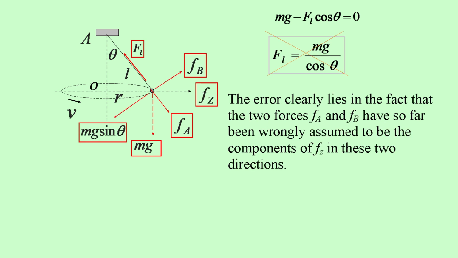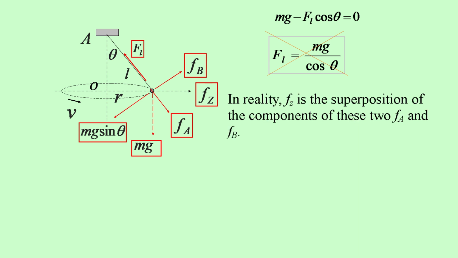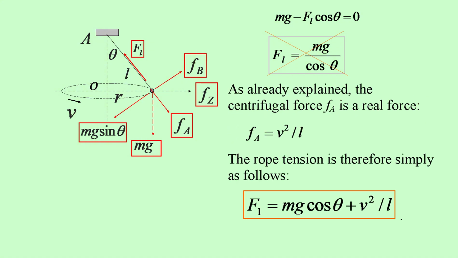The error clearly lies in the fact that the two forces Fa and Fb have so far been wrongly assumed to be the components of Fz in these two directions. In reality, Fz is the superposition of the components of these two, Fa and Fb. As already explained, the centrifugal force Fa is a real force.